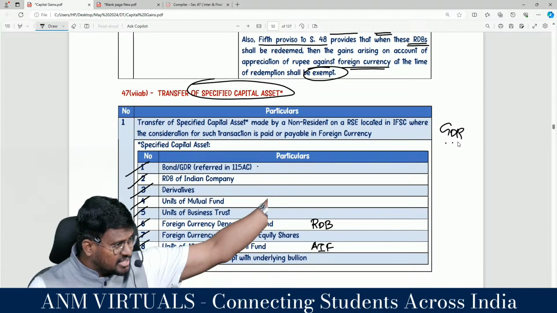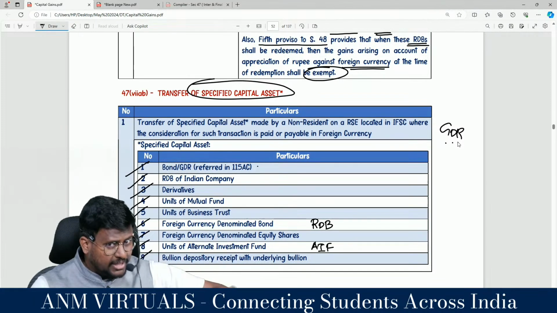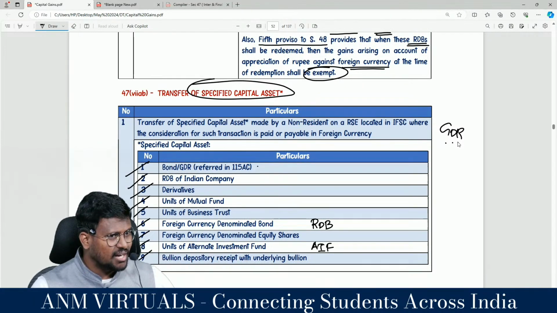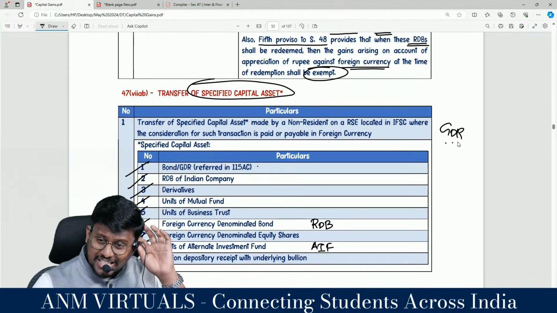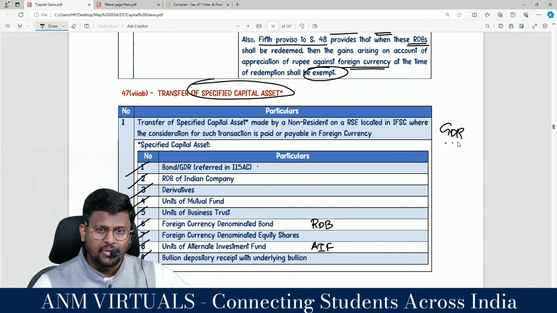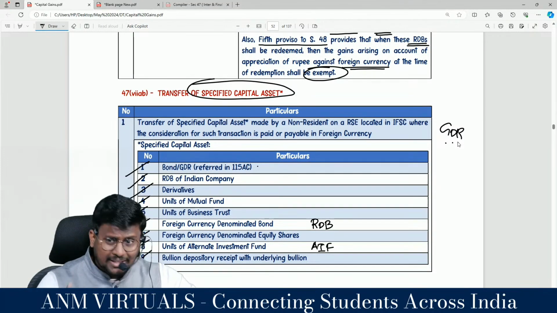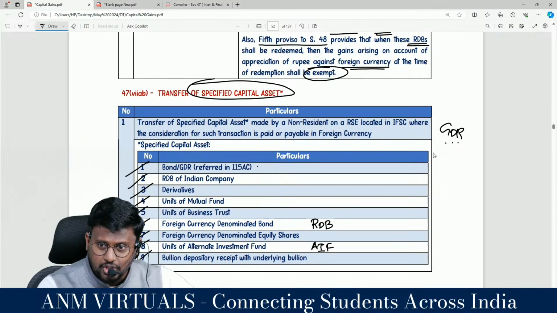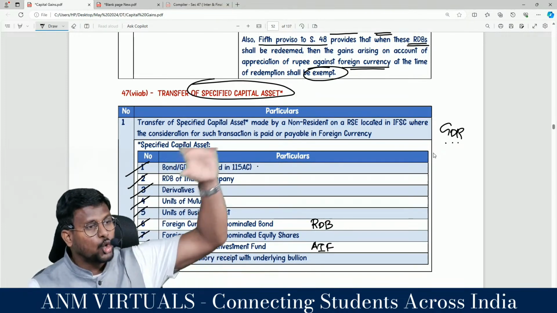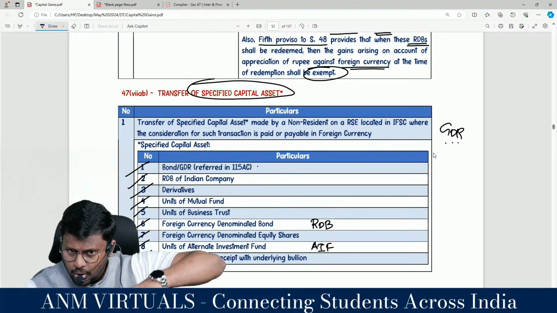But if a non-resident is subscribing to the shares of an Indian concern, I can't provide that certificate. So instead of the share certificate, I have to give some document. That document is called a GDR, Global Depository Receipt. So it is global. It's not only confined to India.